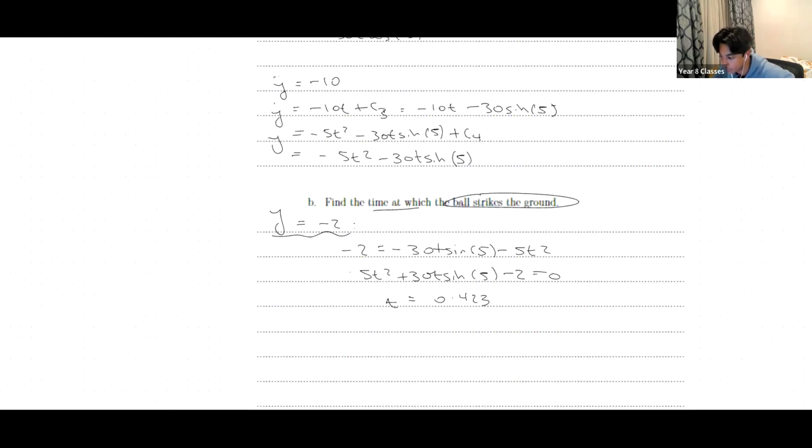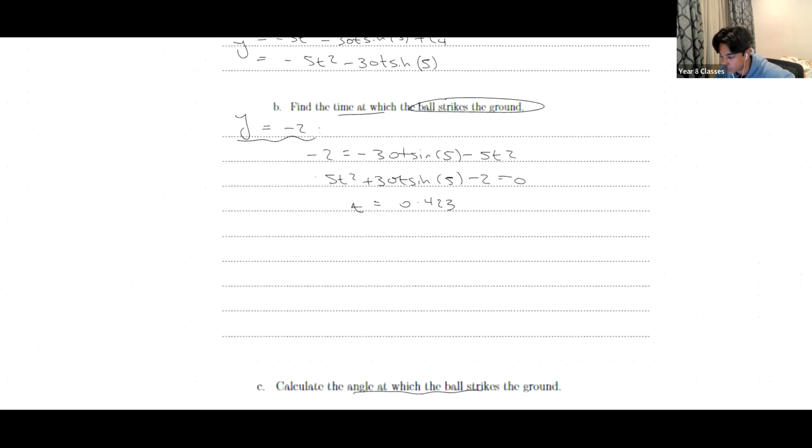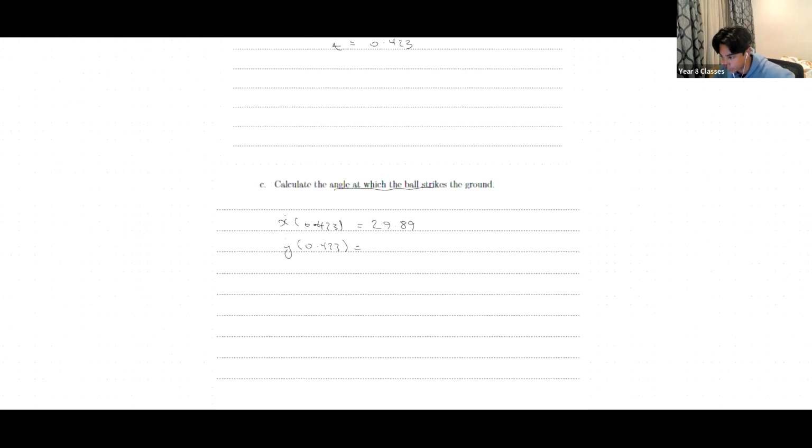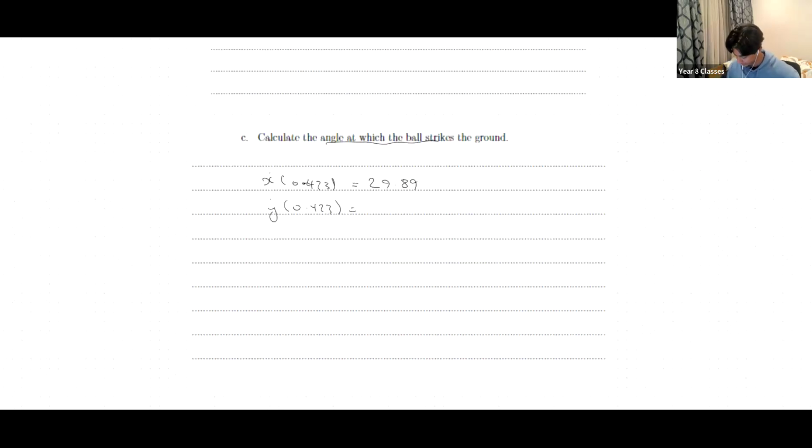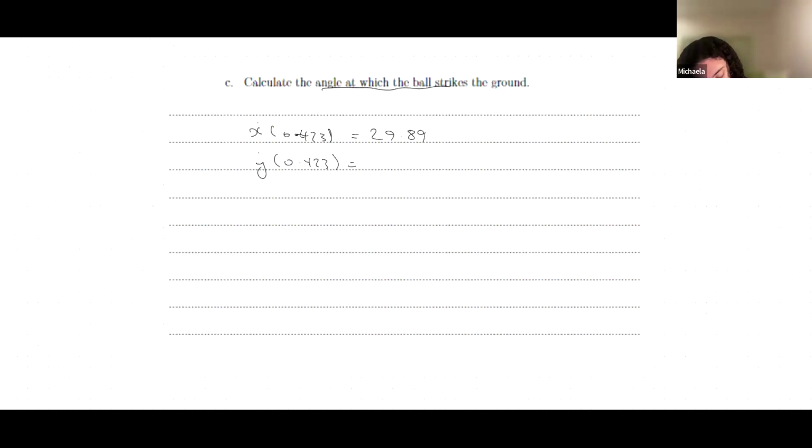And now we're trying to find the angle at which the ball strikes the ground. Our starting point is that it strikes the ground at 0.423 seconds, and Michaela's finding the velocities at that time. So the x velocity is 29.89 and the y velocity is negative 6.845.